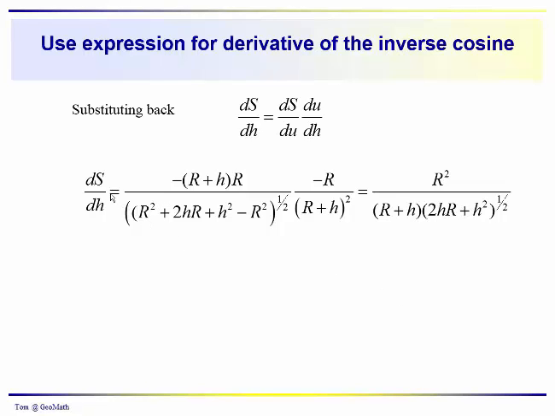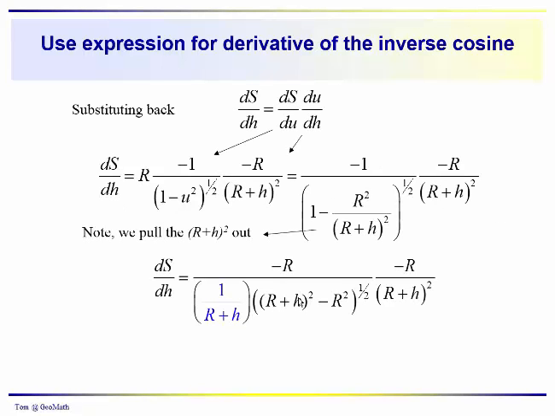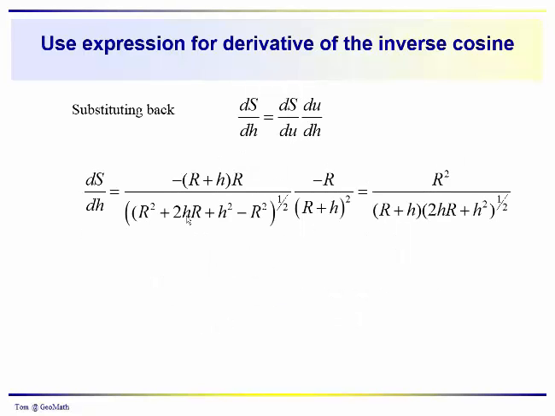Okay, so taking that r plus h and flipping it over, we get (r plus h) over the square root of (r plus h) squared minus r squared, times r. We squared the term inside here, (r plus h) squared, and get r squared plus 2hr plus h squared minus r squared. I could have put a left parenthesis around there.